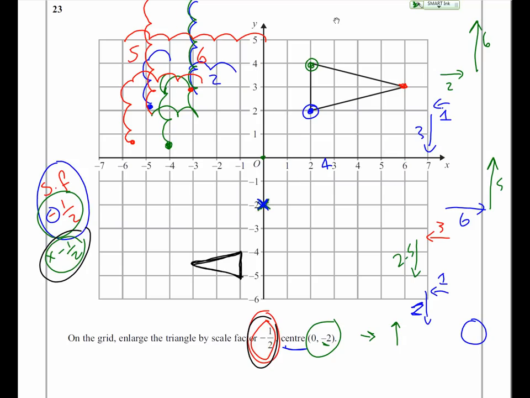So this projection line, the first one, it went like that. You can go backwards to that, half of it. The second one, it went up like this, go backwards for half of it.